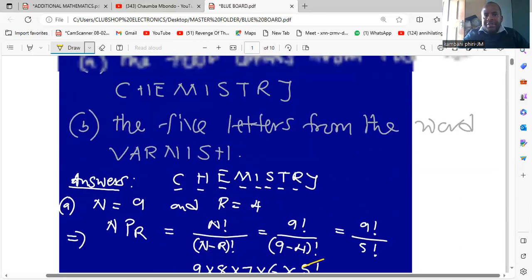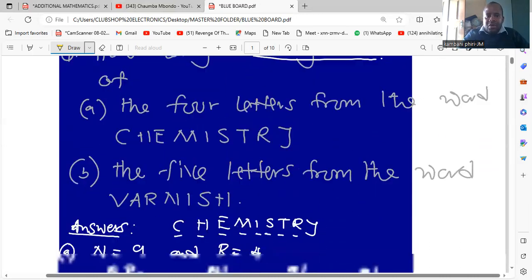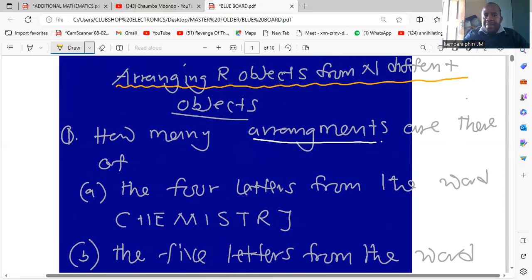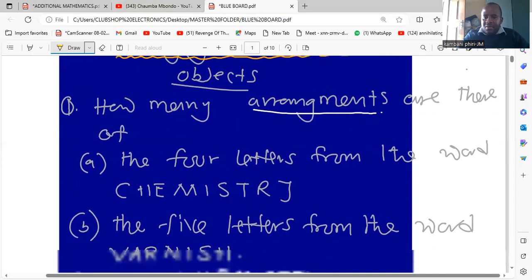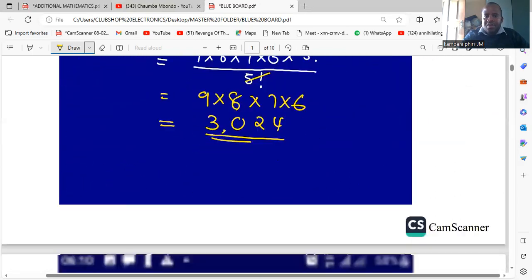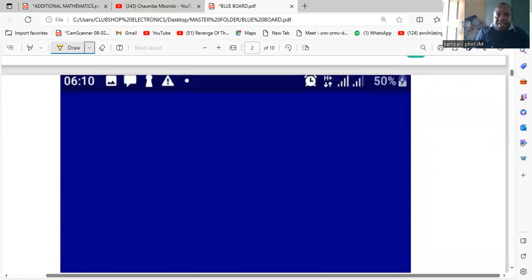We're saying 3024 arrangements. All right. Another question is, how many arrangements are there of the 5 letters from the word vanish? So what is our n?